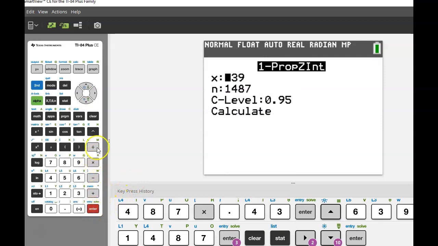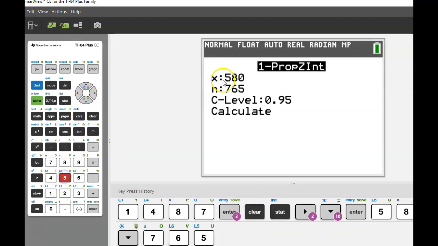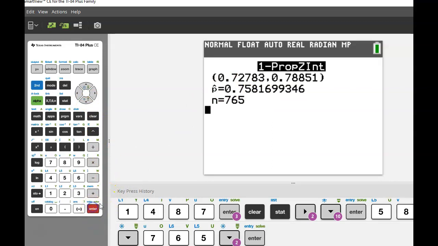We're going to enter for this one 580 for the X, and for the N, 765. Couple reminders, X always has to be a whole number, N always has to be greater than or equal to X. Okay, so we're going to keep it at the 95%, and we're going to calculate.